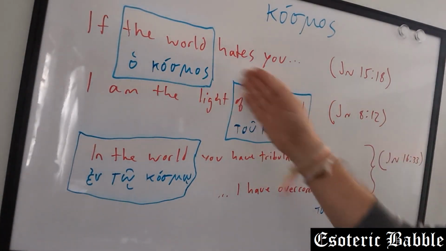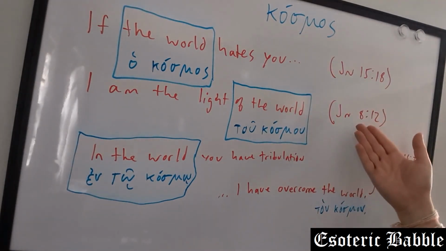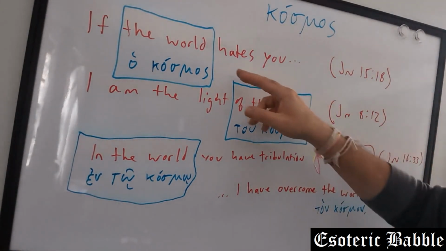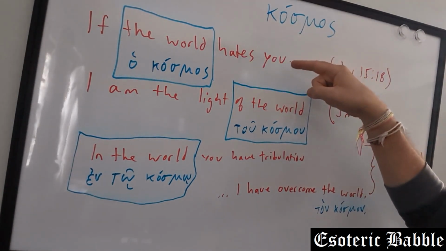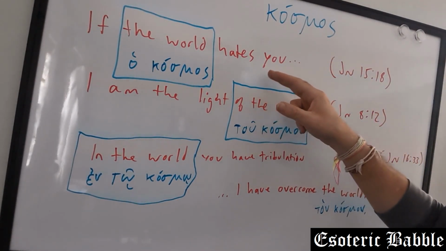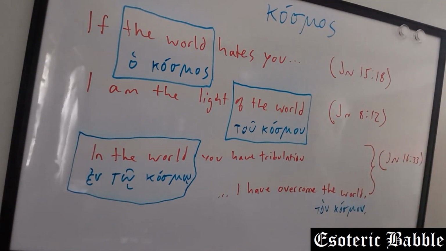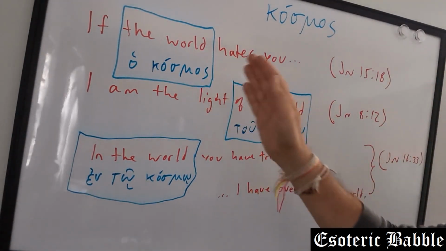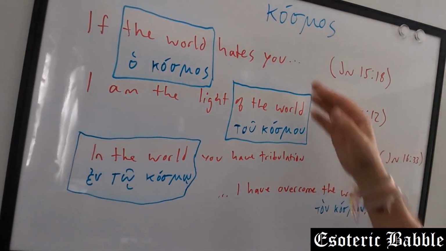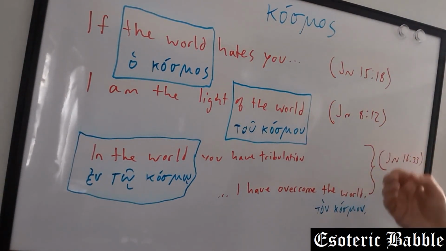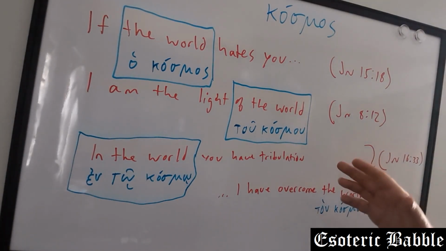So for instance, in this first part, if we were to look at the other part in Greek, hates you, actually this is inverted in Greek. Hymas misei. So if you did it word by word, it would be, if the world you hates. But they know from the form of hymas that it's an object and not a subject.